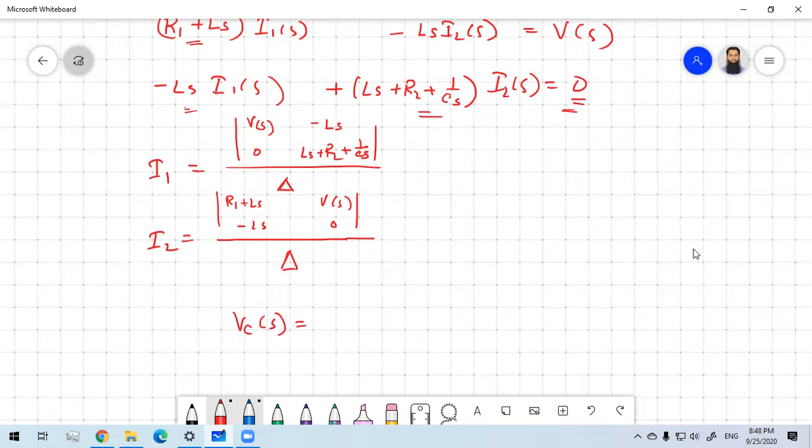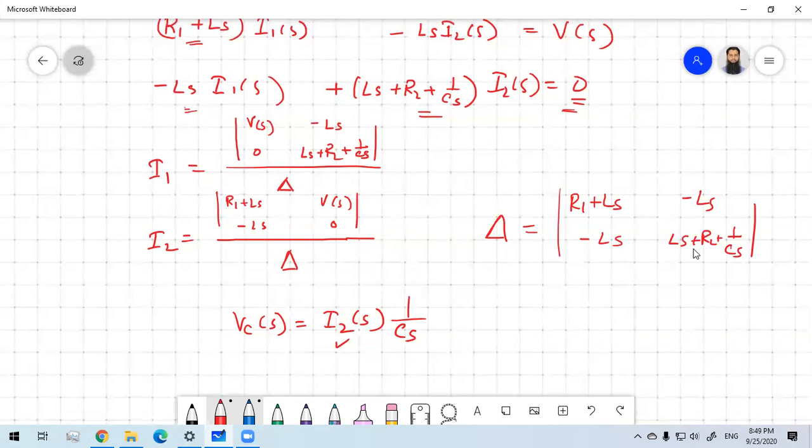So for that, we need I2. I2(s) times the impedance, that is 1 by Cs, is our result. So we need this one. You just apply the formula. One thing, so you don't get confused, your del is nothing but R1 plus Ls and minus Ls, minus Ls and Ls plus R2 plus 1 by Cs.